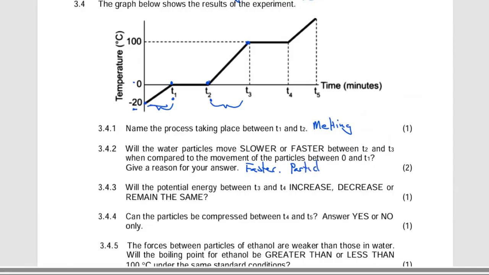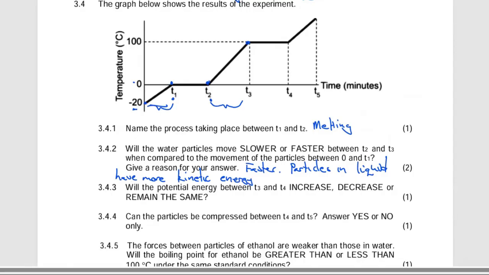So particles in liquid have more kinetic energy. So that's how we attempt that question.